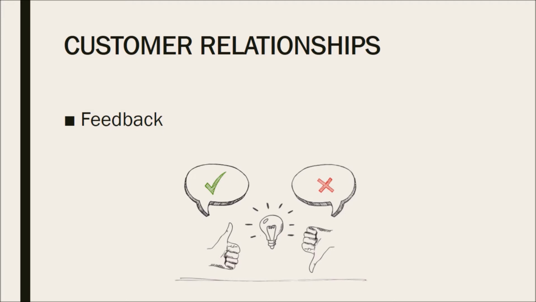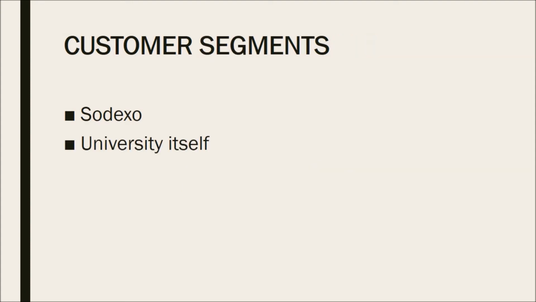So any person in this university can go to my Facebook page or my website and easily provide me the feedback. We will also encourage the students to present a word by themselves.